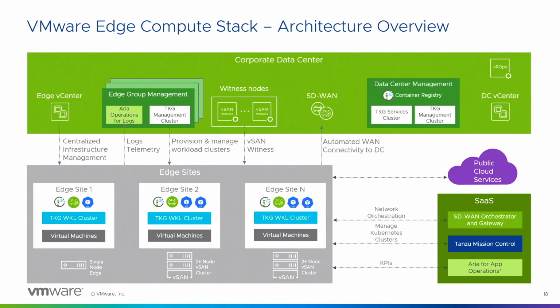They're going to talk to the SD-WAN orchestrator if you need WAN connectivity from your edge sites to your data center, and leverage SD-WAN to have essentially a full mesh private connectivity between your sites. They also need to talk to TMC in the cloud, and also Aria for application operations if needed.